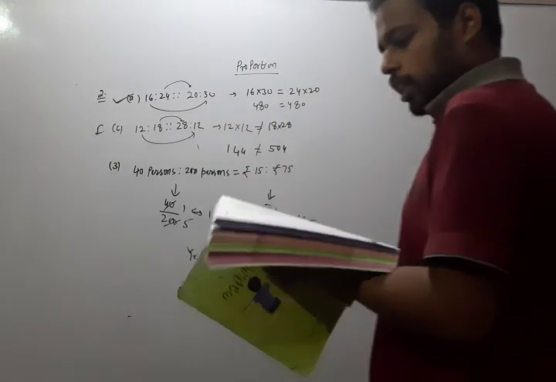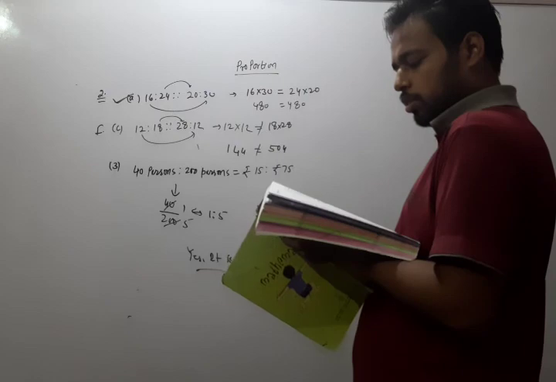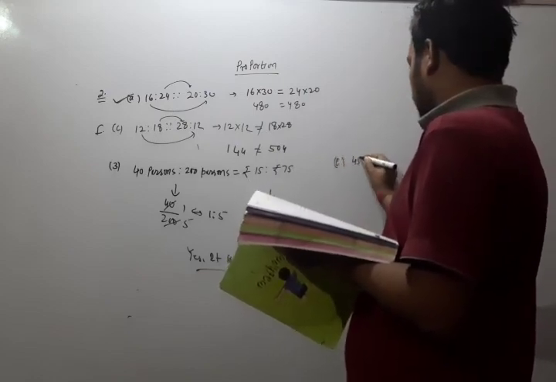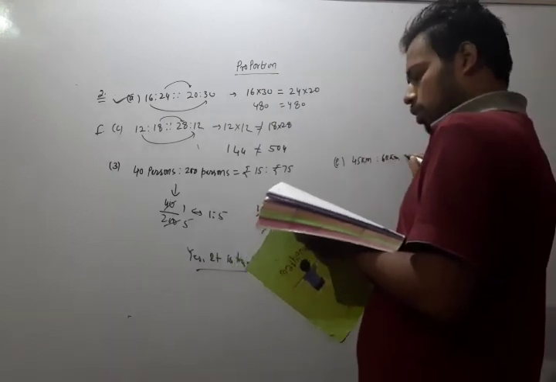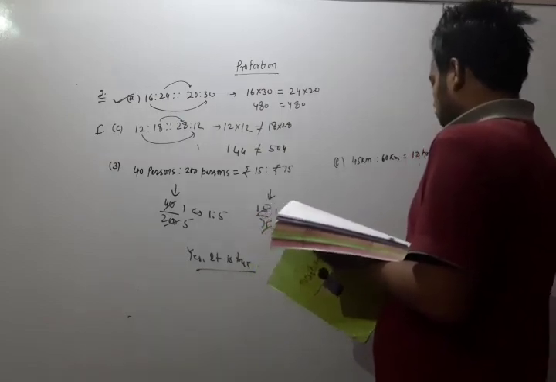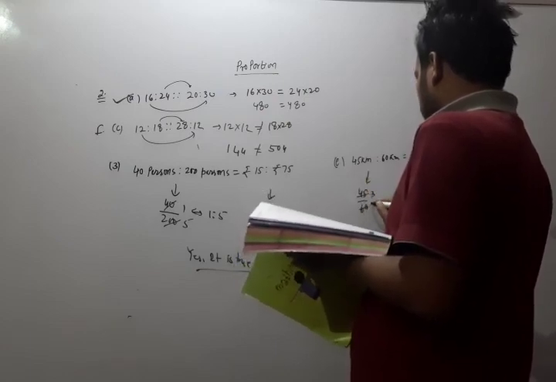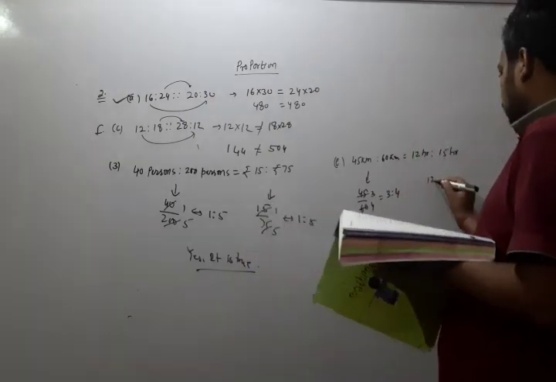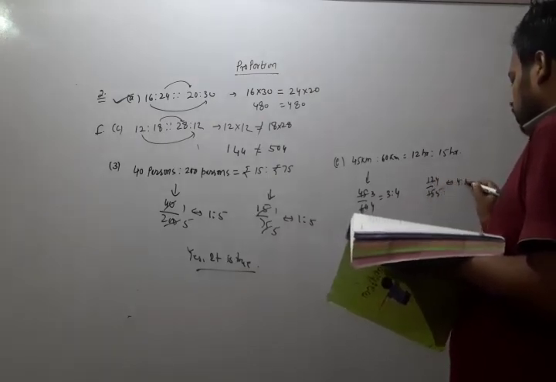इसी का एक और क्वेश्चन देखते हैं. E देखते हैं. E क्या है? 45 किलोमीटर 60 किलोमीटर equals to 12 hours 15 hours. इसका क्या आएगा? 45 upon 60 का ratio आ जाएगा 3:4 और यहाँ पे 12 upon 15 का क्या आ जाएगा? 4:5.